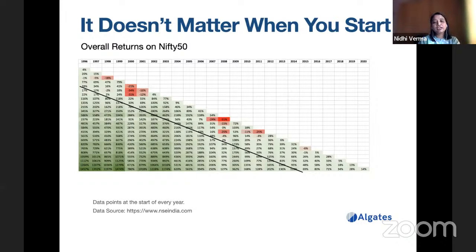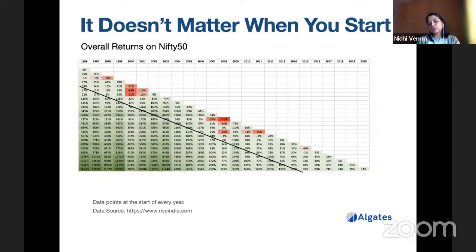So you see, if you cross 5 to 6 boxes and stay invested for 5 to 6 years, then all the boxes beyond that are in green. So it says that it doesn't really matter when you start. If you stay invested in the market for a longer period of time, your returns are going to be there.